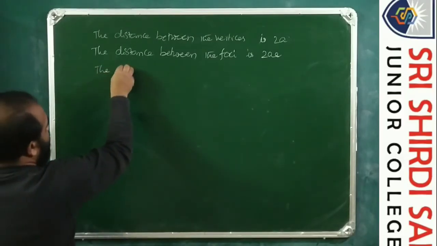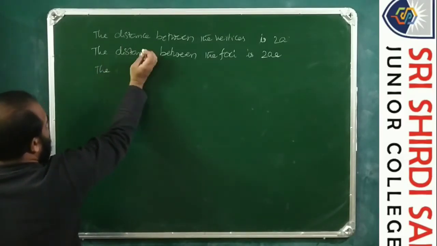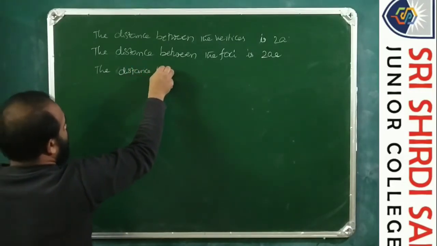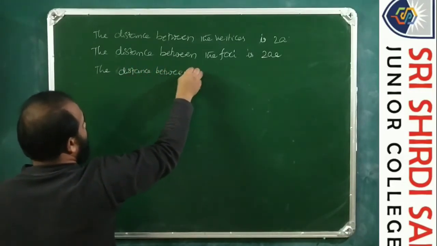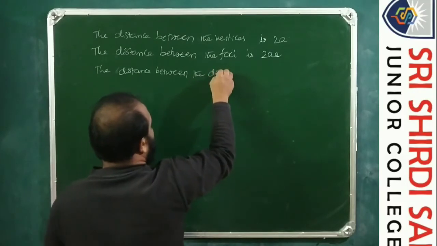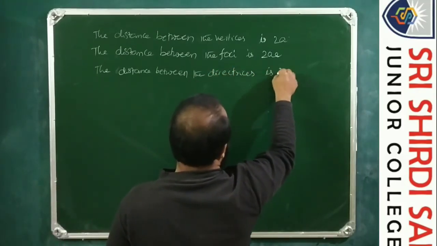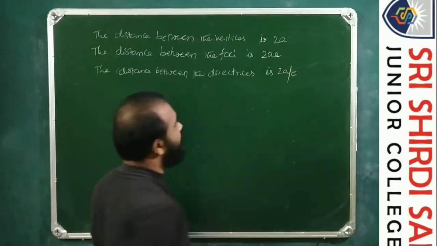The distance between the directrices is 2a by e.